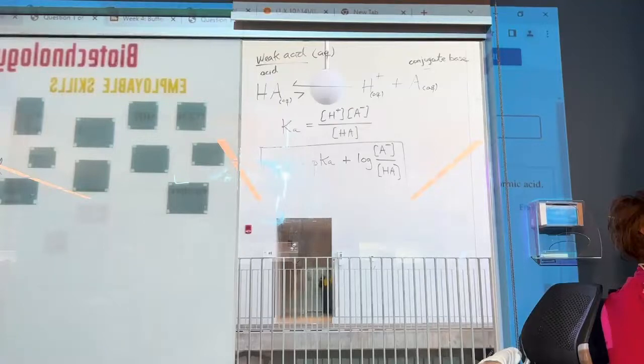Okay, so the problem in the quiz also tells you that the pKa of formic acid is 3.75. They don't call it the pKa, but I like calling it the pKa. It's 3.75 for formic acid, not for any other substance.